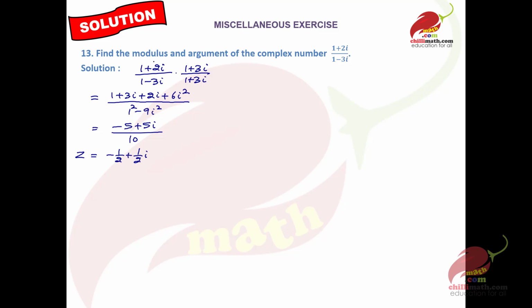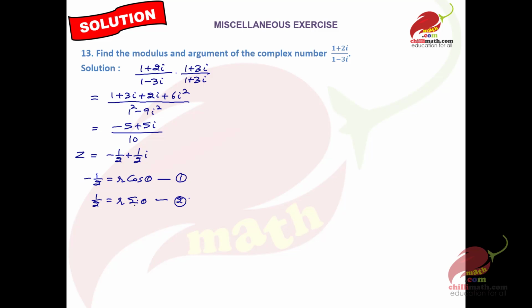Now to find its modulus and argument we write x equal to, that is real part, equal to r cos theta and y part equal to r sin theta, where r is our modulus and theta is our argument. So let us mark these as equation number 1 and 2.